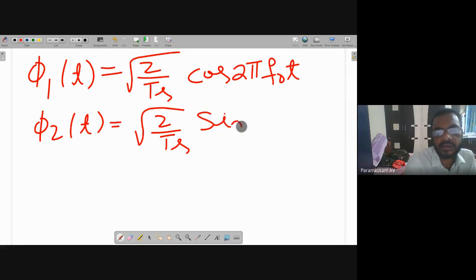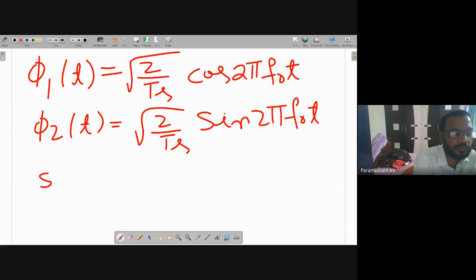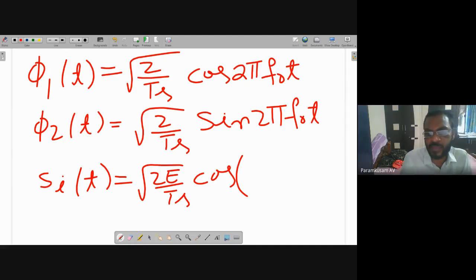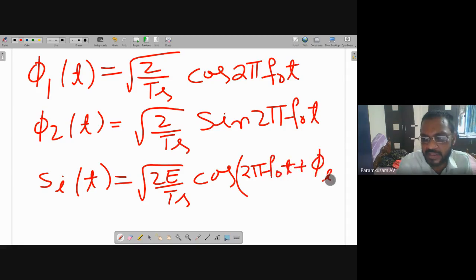Sin 2π f0 t. The M-ary PSK equation is root over 2E by Ts cos(ω0 t plus θ_i), where ω0 t means 2π f0 t.